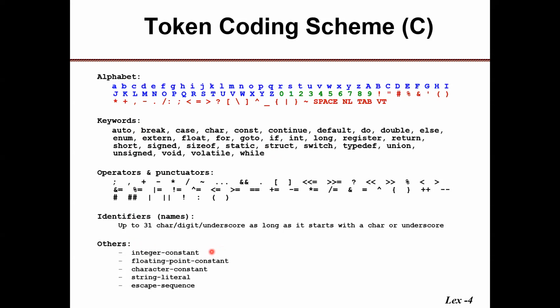An example in the C programming language would be things like integer constants, floating points, character constants, literals like we saw before, and these escape sequences that you've hopefully been using, and if not, you'll be using, as you should have been using, I think anyway, in assignment number 2, using some of these escape sequences to recognize and operate on input different ways.